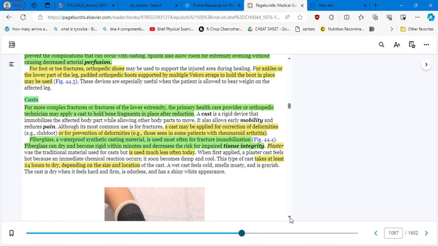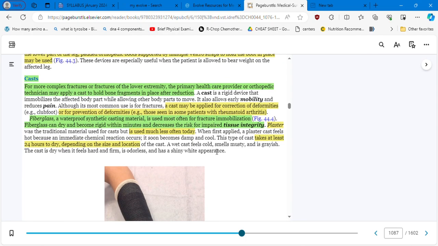Let's talk now about casts. For more complex fractures or fractures of the lower extremity, the primary healthcare provider or orthopedic technician may apply a cast to hold bone fragments in place after reduction. And we already know what reduction is, right? It is the realignment.